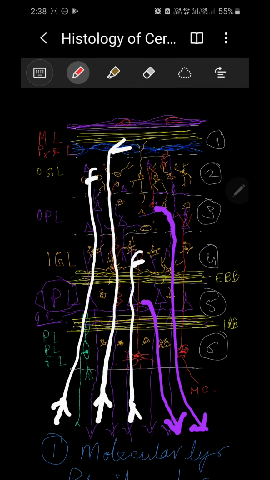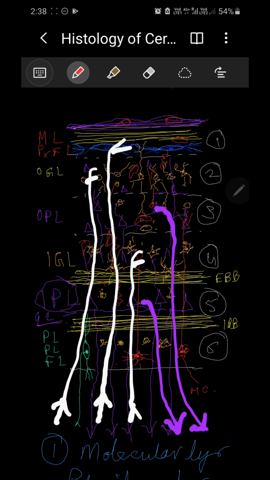This gray matter has a rich amount of perfusion from the blood vessels. So these cortical branches given out from the cerebral arteries descend down along with the pia mater, forming perivascular sheaths, and they will form capillaries.